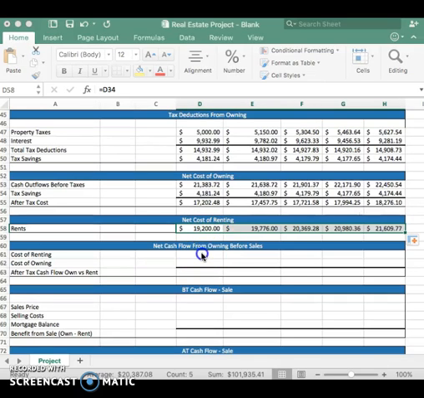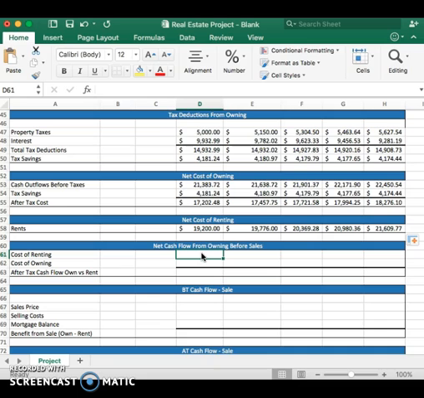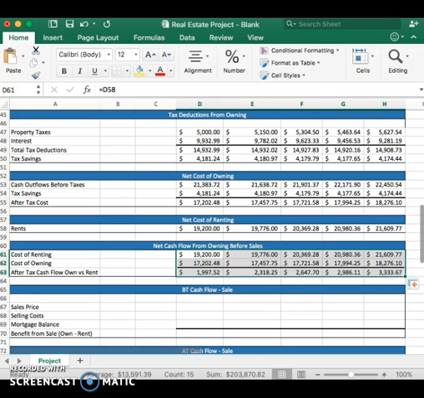Next will be the net cash flow from owning before sales, and the first block will be the cost of renting, which is taking that, and then the cost of owning, which is taking that, and then the after-tax cash flow on own versus rent, is taking the difference between the cost of renting and the cost of owning. Then you just select them and copy them across yet again.